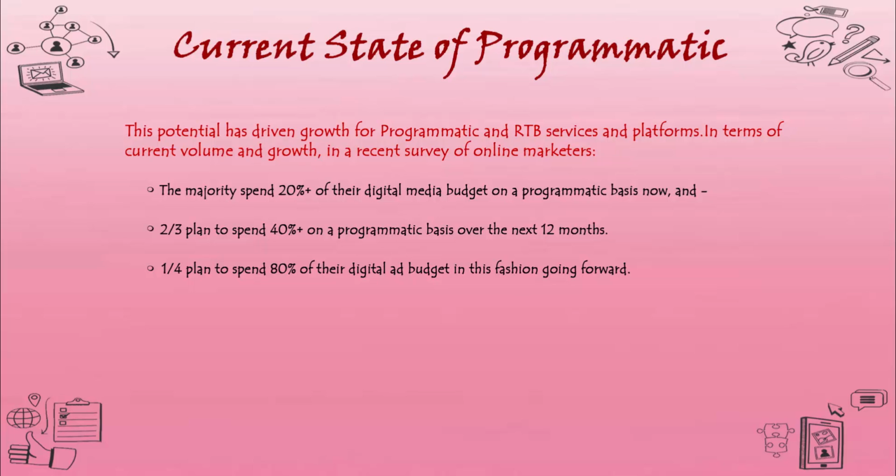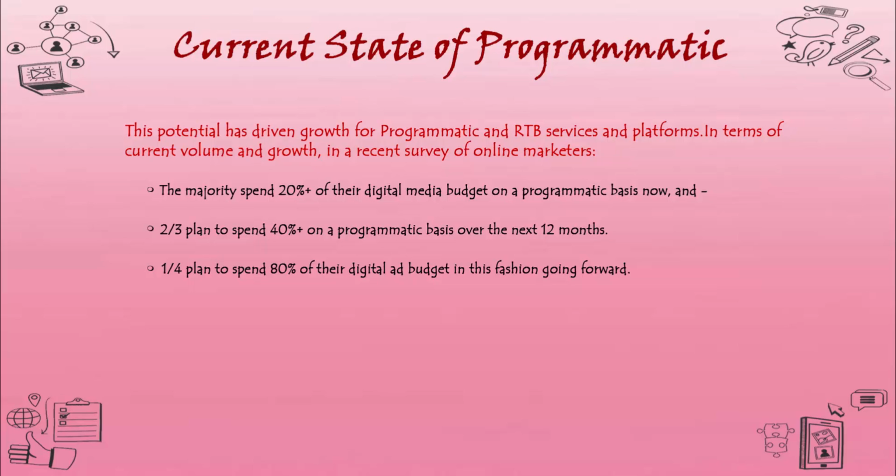And 25% of the companies want to spend 80% of their budgets through real-time bidding moving forward. This percentage of 25% of companies spending 80% of the budget is going to increase down the line, with maturity happening in the real-time bidding platforms, and easiness and awareness among the industry will lead to an increase in this percentage.